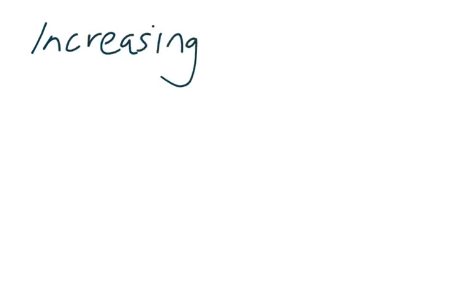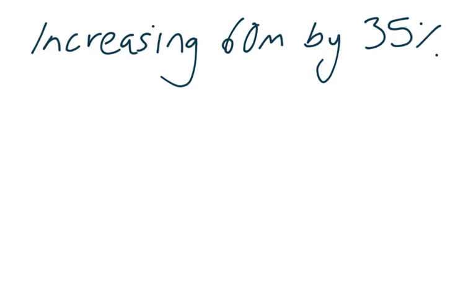Now there is a more efficient way of doing these calculations. So let's look at, for example, increasing 60 metres by 35%. Now, what we're actually looking at is this is 100%.